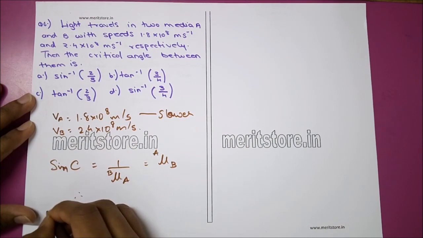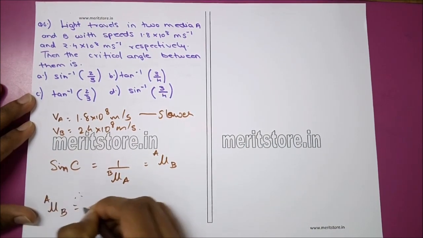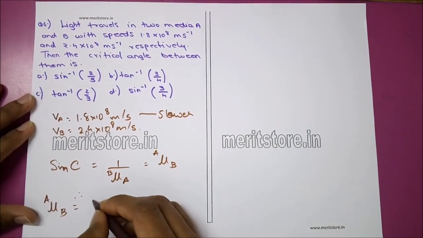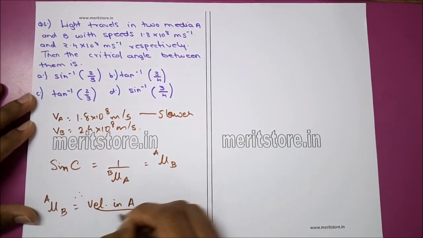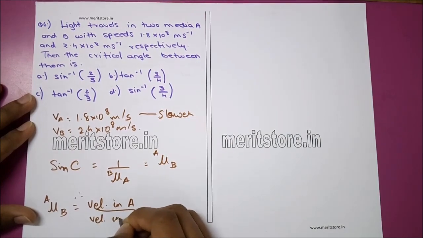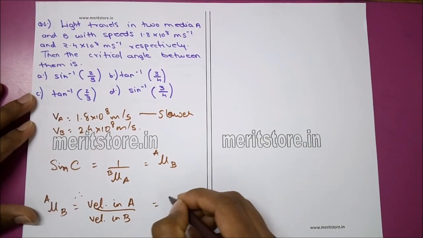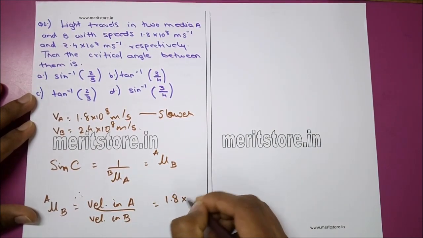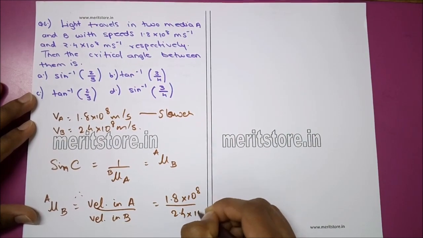So in order to find out mu of B with respect to A, we can divide the velocities. So velocity in A upon velocity in B, that is equal to 1.8 into 10 raised to 8 upon 2.4 into 10 raised to 8.